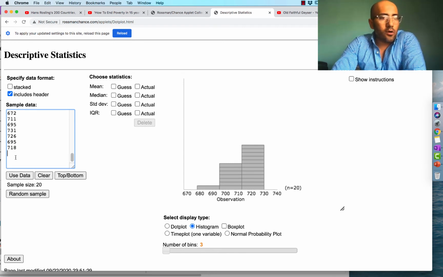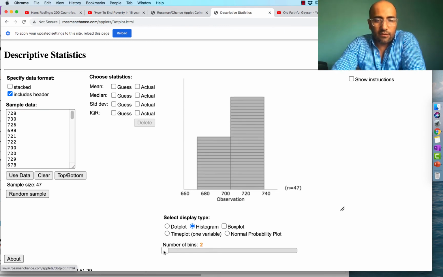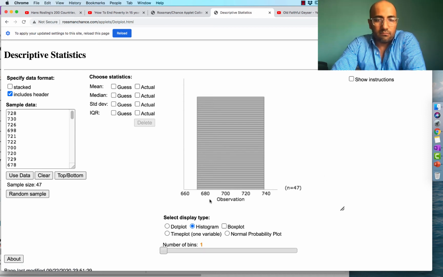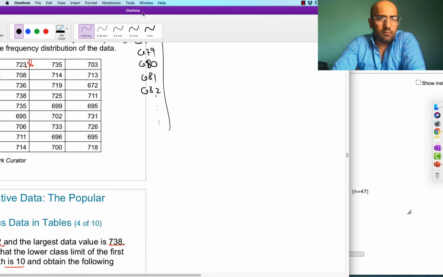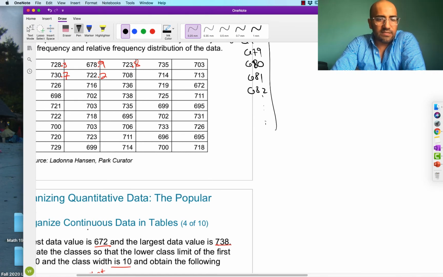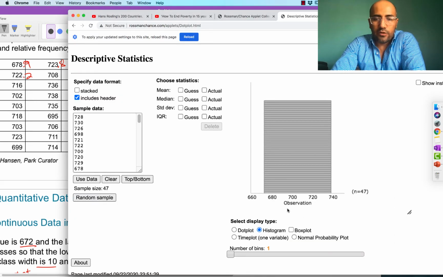Okay, so I uploaded all our data for the time lapse between eruptions at Old Faithful, so we can use this data, and the system automatically creates our histograms. So if we just had one bin, then all our values would land between 672, the smallest value, and 738.